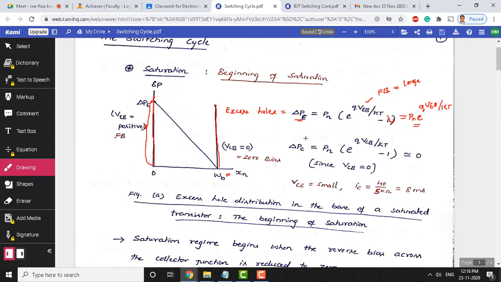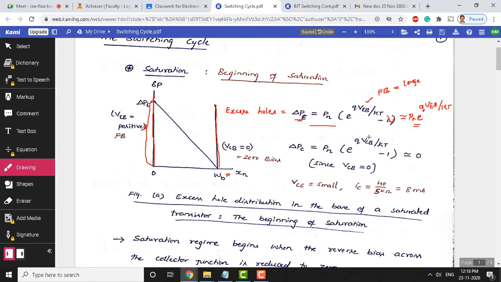Now, let us see the other thing here. At the beginning of saturation we have a positive emitter base voltage and 0 collector base voltage. Let us see the excess hole distribution at the collector base junction for 0 collector base voltage. Similarly, we can write the excess holes at the collector junction as delta P c.